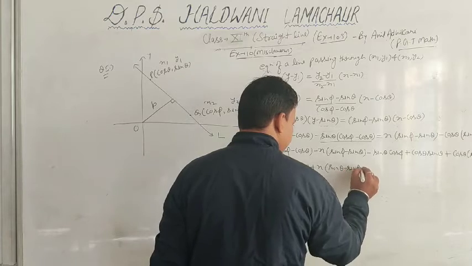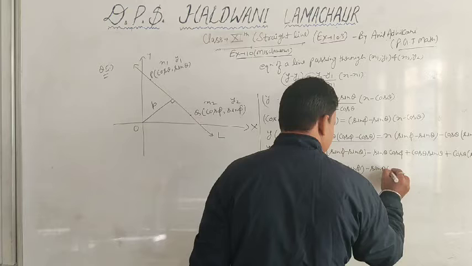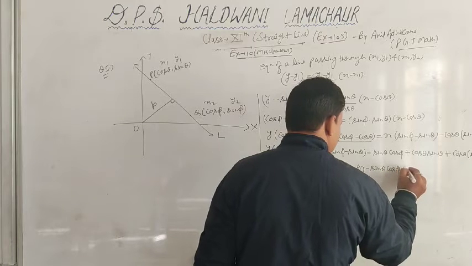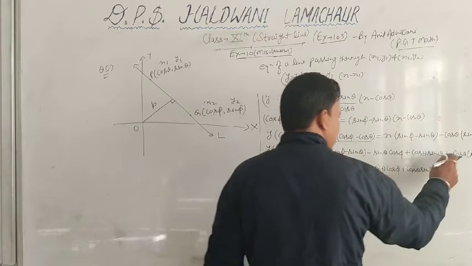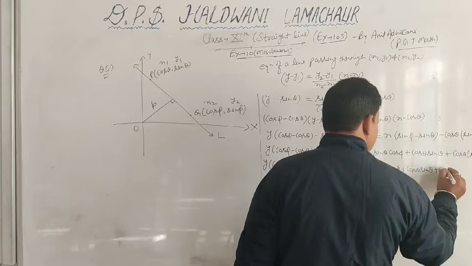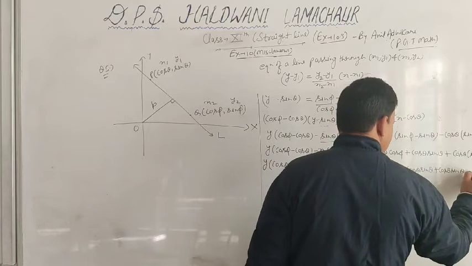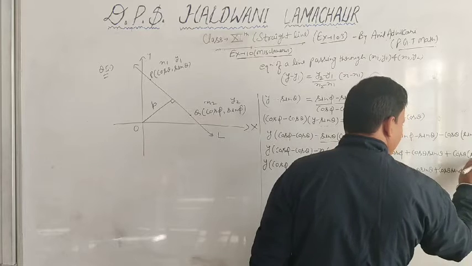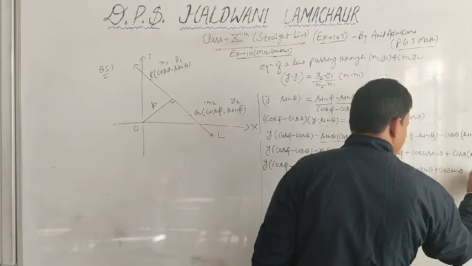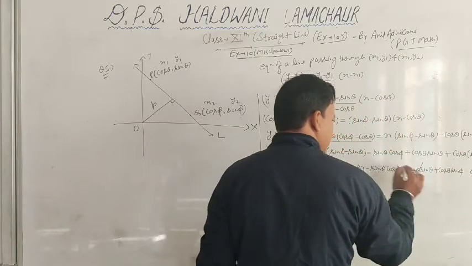And here minus sin theta cos phi plus cos theta sin theta, and plus cos theta sin phi, and minus cos theta sin theta. This will cancel out, this will cancel out.